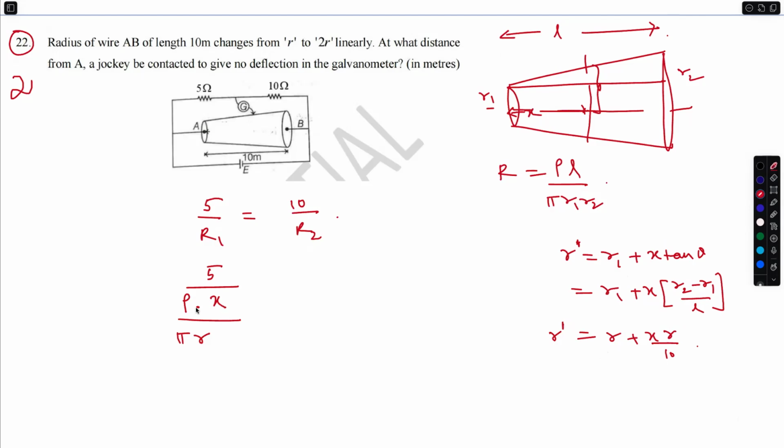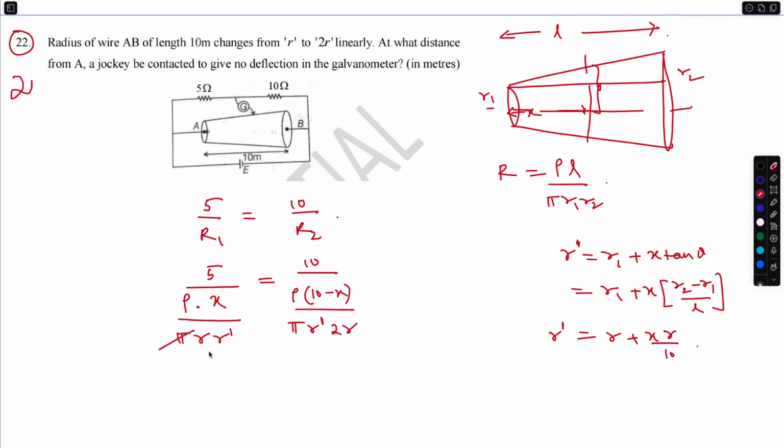So pi rho X by pi R dash is 10 by rho, 10 minus X by pi R dash 2R. Agreed?